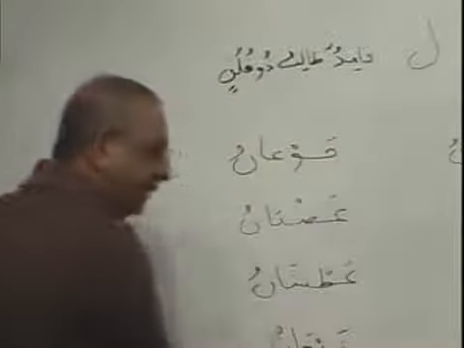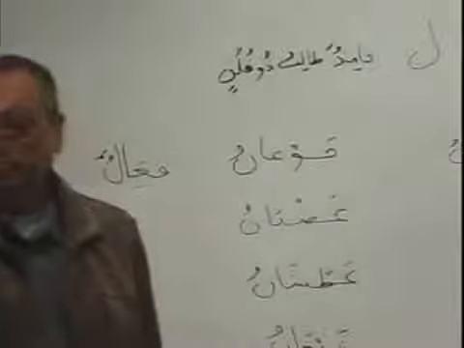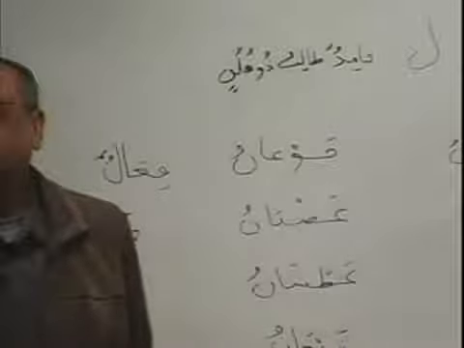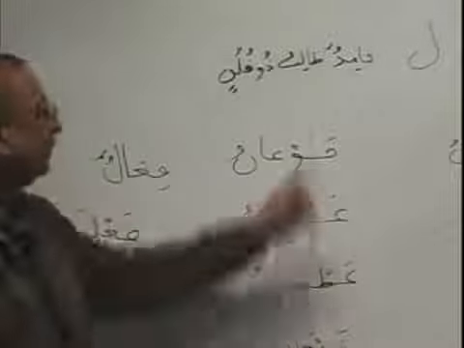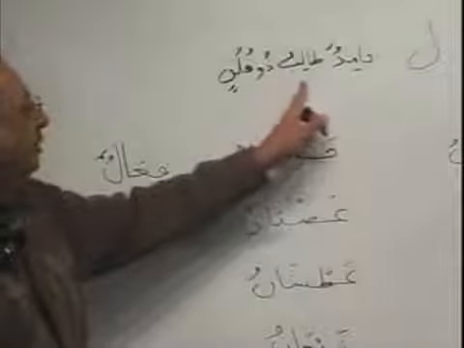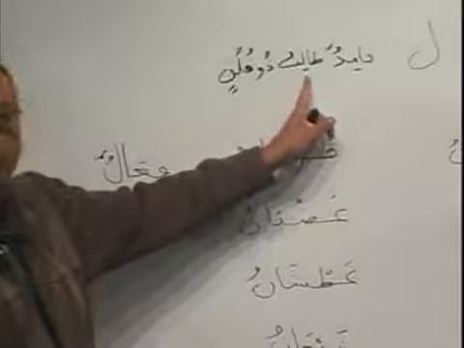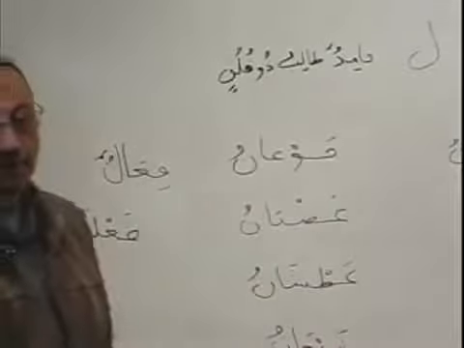Are you with me, brothers and sisters? What is Hamid? Mubtada. Where is the khabar? And what is Zu doing here? It is a naat. Wa huwa mudaf. And then khulukin mudaf ilayhi. So here, Zu is coming as a naat for Taliban.